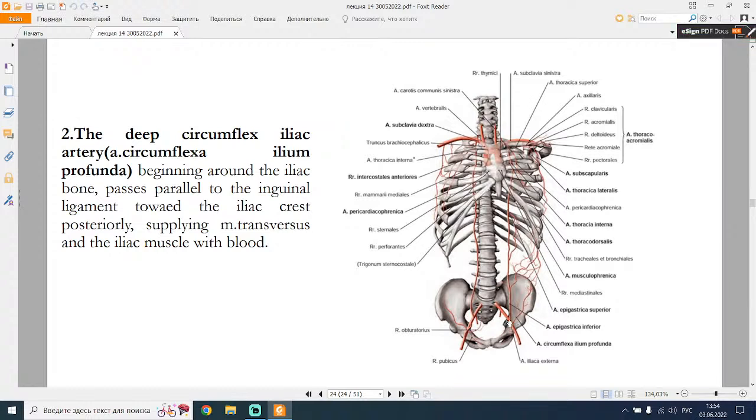You see arteria epigastrica inferior, which gives rise to arteria iliaca externa, and the second artery, arteria circumflexa ilium profunda.